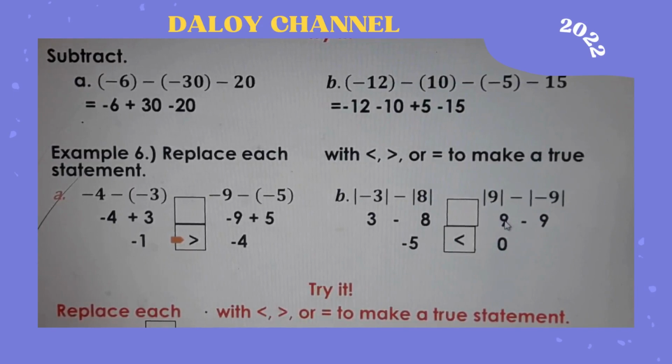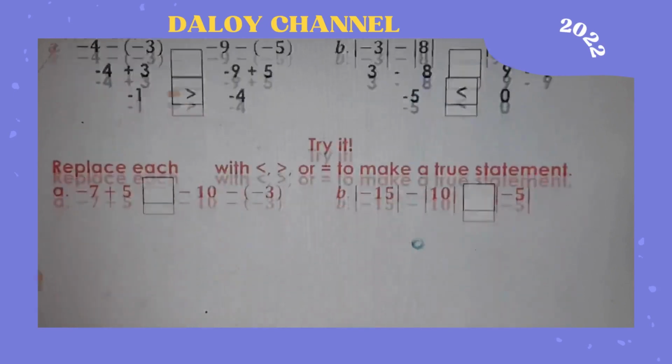The absolute value of 9 is 9, and the absolute value of negative 9 is 9. But there is already a minus sign here, so 9 minus 9. So we are comparing a number, negative 5, and 0. So negative 5 is less than 0. Then you are required to perform the try it activity.